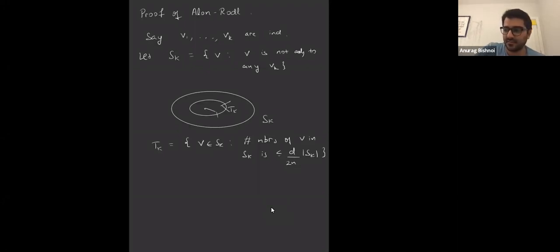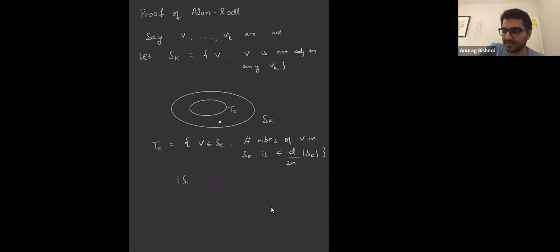And then the main thing, the way this count works, and the details are in the lecture notes, so you'll see all the details there, but the main idea is that if you pick any element outside T_k, then it will have a lot of neighbors in S_k, right? It's the complement. And if you pick that, then the number of choices you have at the next step reduces by a lot.